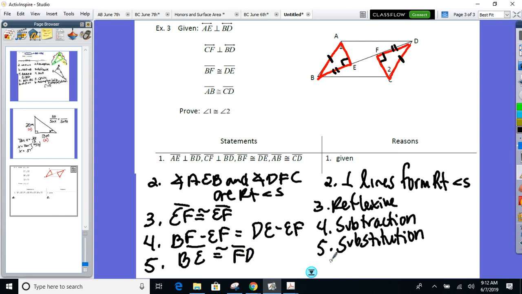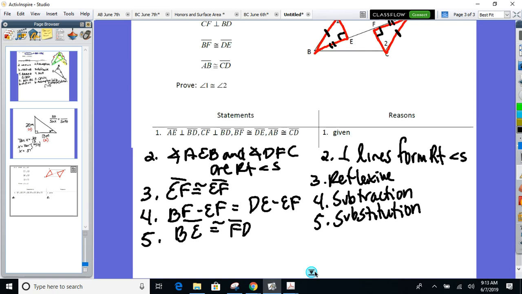All right, what else needs to be said here in an HL proof? Because you're not ready to say the triangles are congruent yet. There's something else that's specifically reserved for an HL proof I need to say. Connor? I need to say I have right triangles before they're congruent.